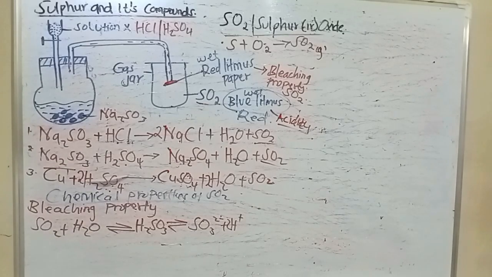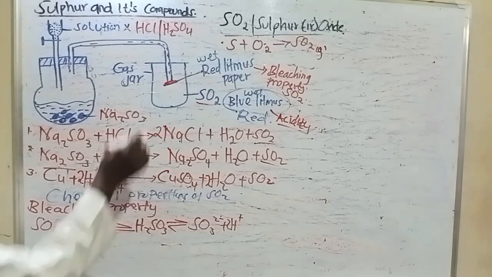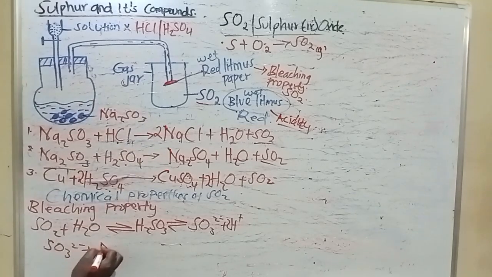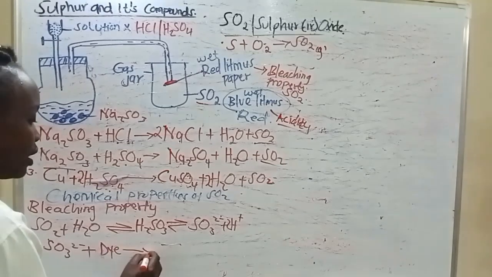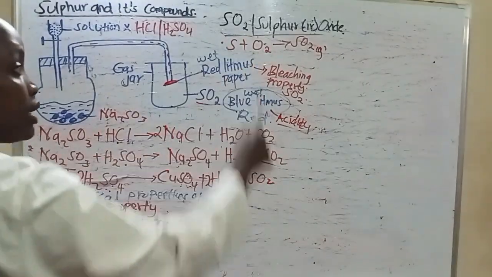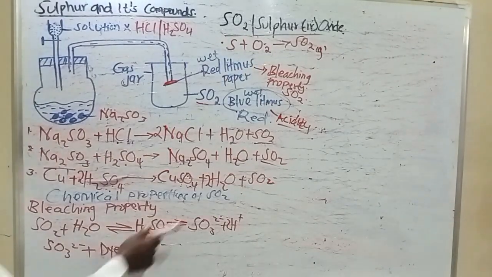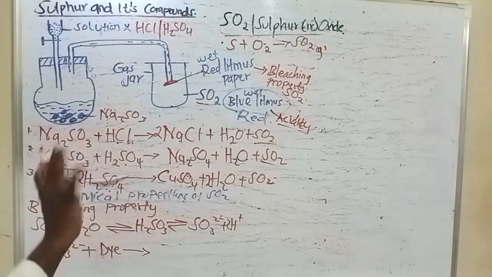Now, these sulfite ions are going to react with the red litmus paper, which we are going to call our dye, and it is going to bleach to give us a white matter.